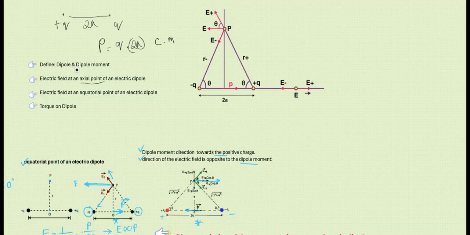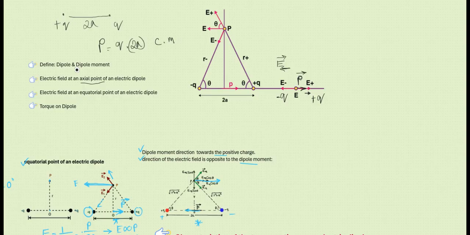For the axial point and electric dipole, here is a negative charge and here is a positive charge. In between these two charges the dipole system will be experienced, and obviously towards the positive charge is the dipole moment, and we know the dipole moment is always opposite to the electric field, or vice versa.